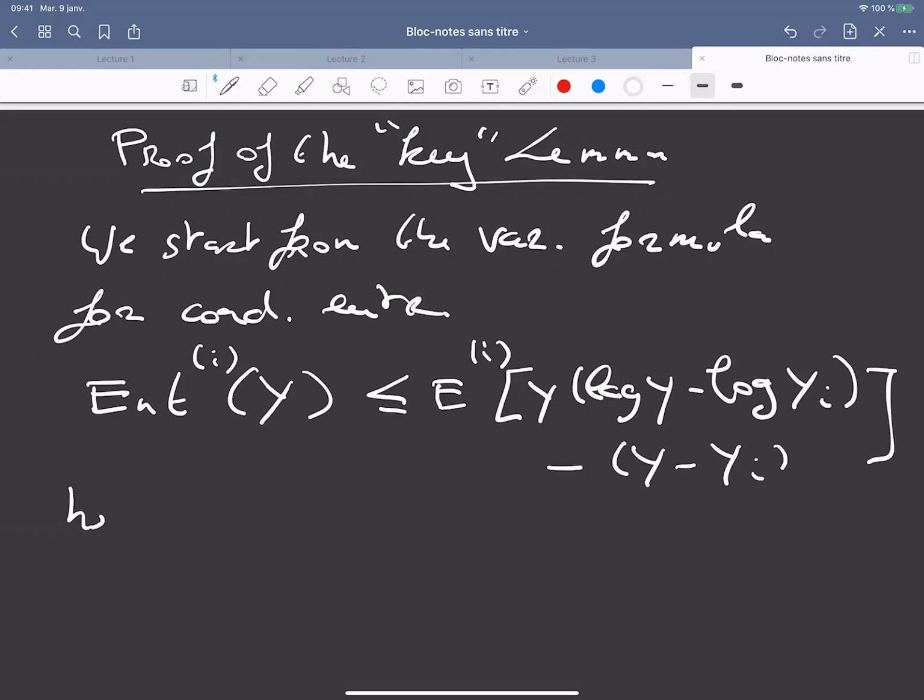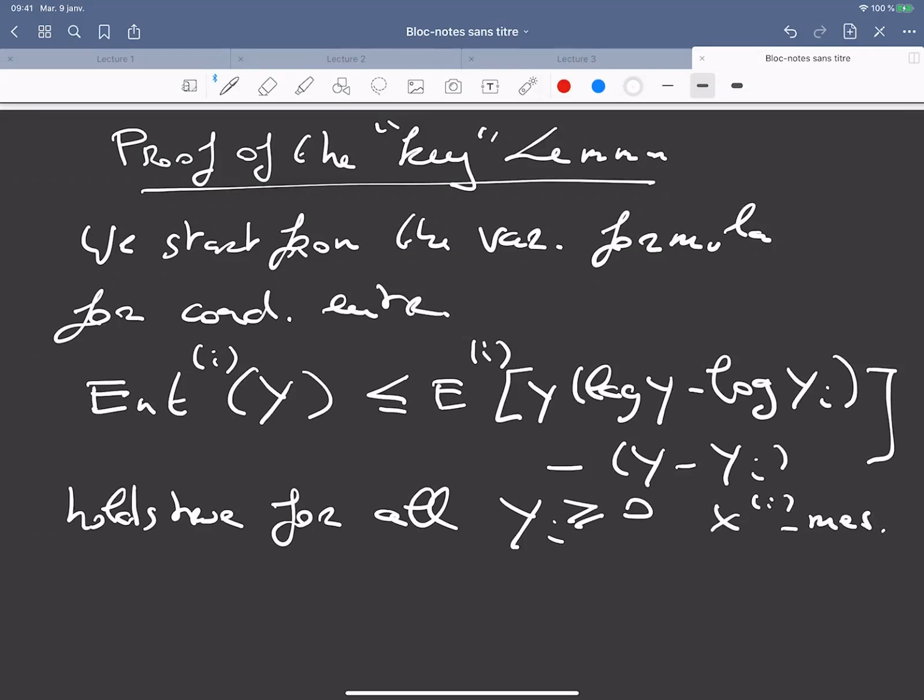And this holds true for all variables yi which are non-negative and which are Xi-measurable. Okay, because what plays the role of constants for conditional expectation is the variables which are measurable with respect to the sigma-field you are conditioning on. So the variables here are the Xi-measurable variables.